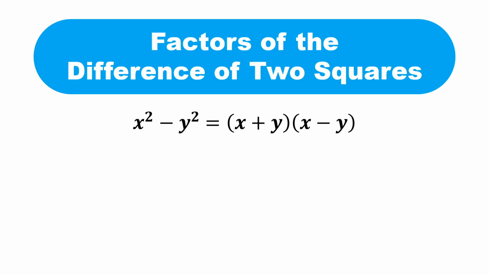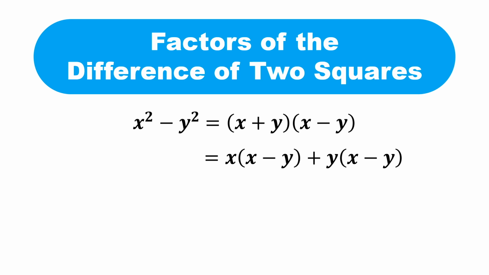Ang algebraic identity na ito ay madalas gamitin sa algebra, trigonometry at calculus. To prove the identity, we simply multiply the factors x plus y and x minus y using the distributive property. First, distribute the terms of x plus y to the factor x minus y.